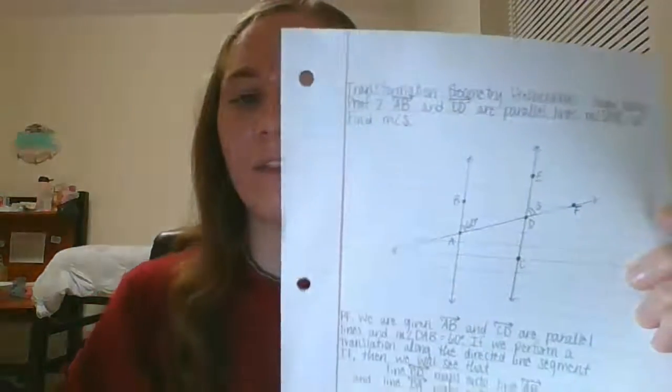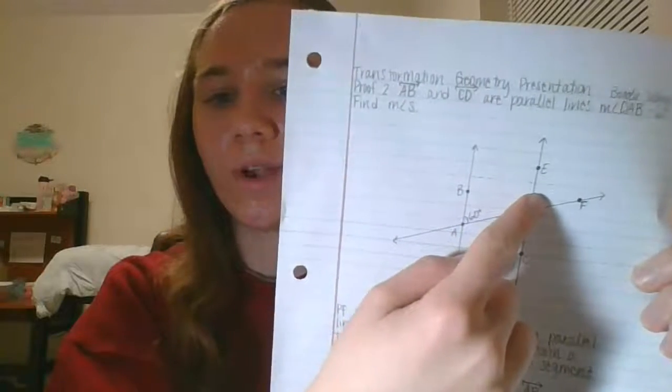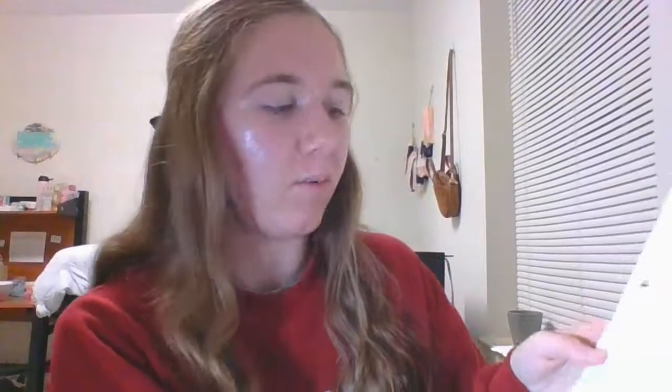And this time we're finding the measure of angle S, which is right here. It says if we perform a translation along the directed line segment, sorry, I had a small issue with one of the lines that I wrote down. So the directed line segment DA, which is this one right here, we can get a little bit closer.